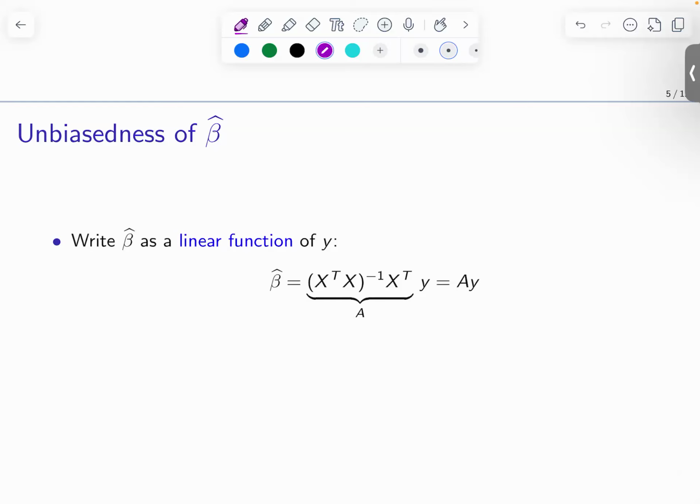I've written it here, and then we call that matrix A, as we have done multiple times before. So beta hat is AY. Now I can ask what is the expectation of beta hat, which is the expectation of AY.